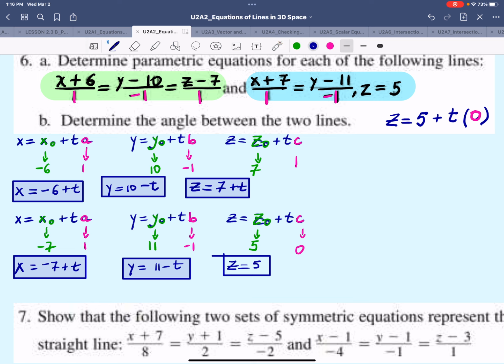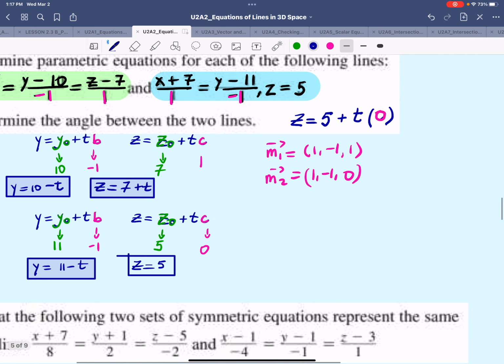So with the direction vector m1 for the first line equal to, remember, 1, -1, 1, and direction vector m2 equal to, again, 1, -1, and then 0, then we'll say that the angle made between these two direction vectors will be found by using their dot product.